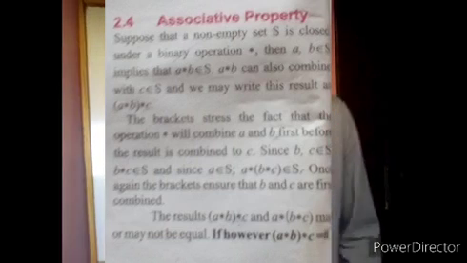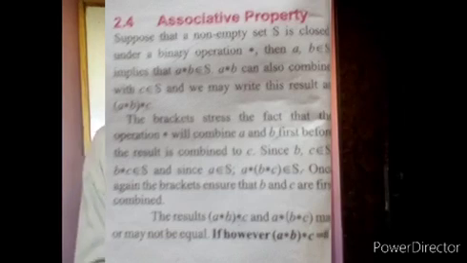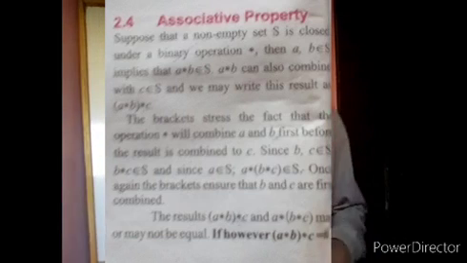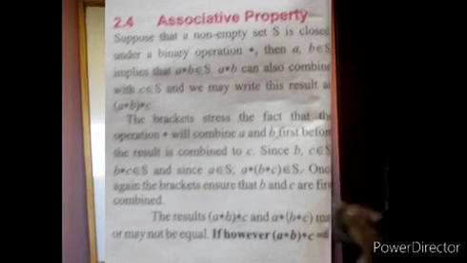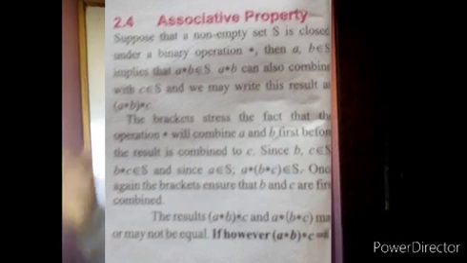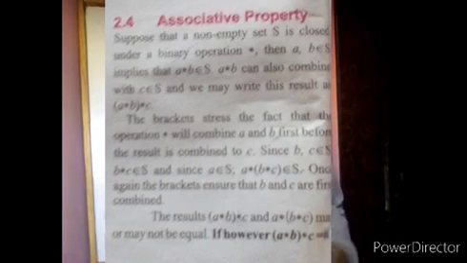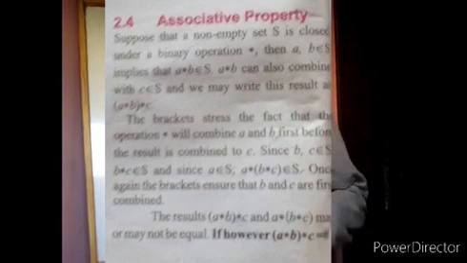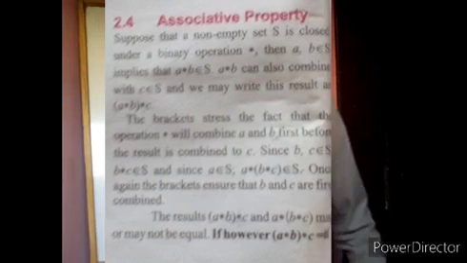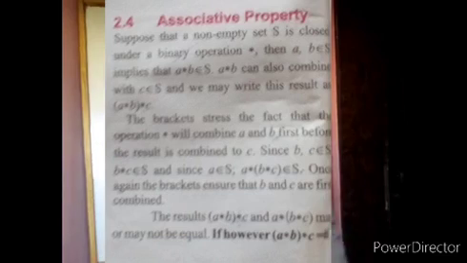That means A asterisk B can also combine with C, an element of S, and we write the result as (A asterisk B) asterisk C. Basically it means that you are operating on A asterisk B first, then you operate your product with C. So that asterisk is a product itself. That means you calculate A operation B, then you do your answer operation with another element of the set. That's what associative property means.